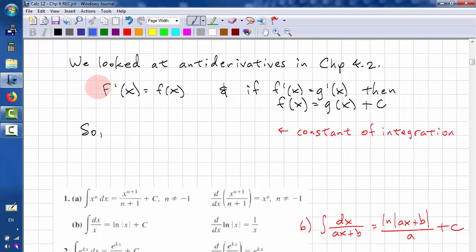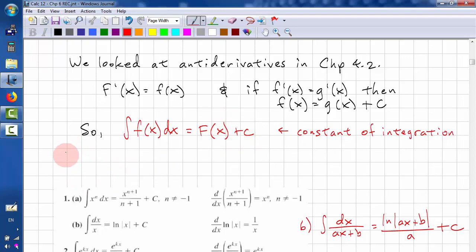Recall, we looked at antiderivatives in chapter 4.2. We had capital F prime of x equals f of x, and if F prime of x is equal to G prime of x, then F of x is going to equal G of x plus c. So the integral of f of x dx equals capital F of x plus c, and c is called the constant of integration.